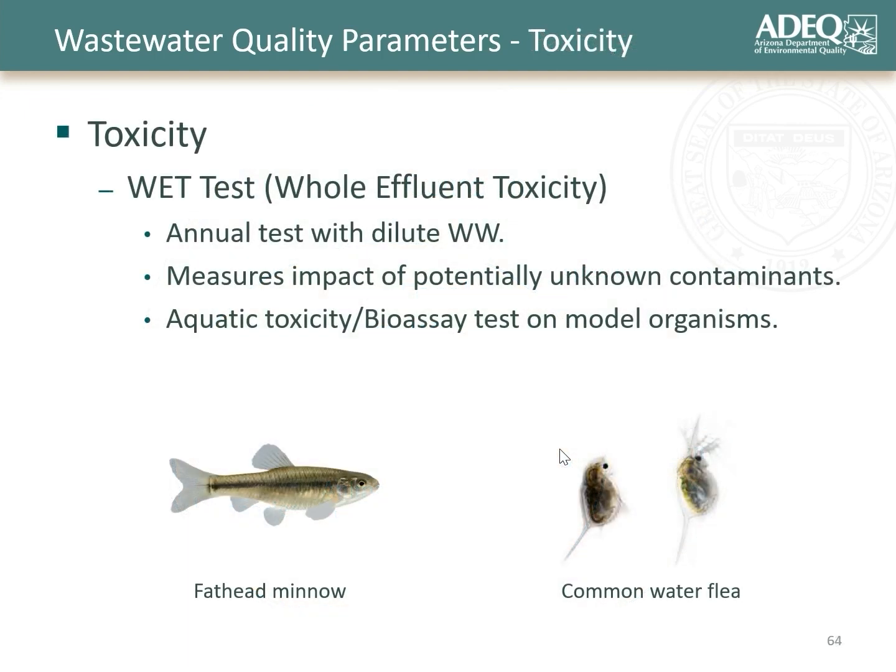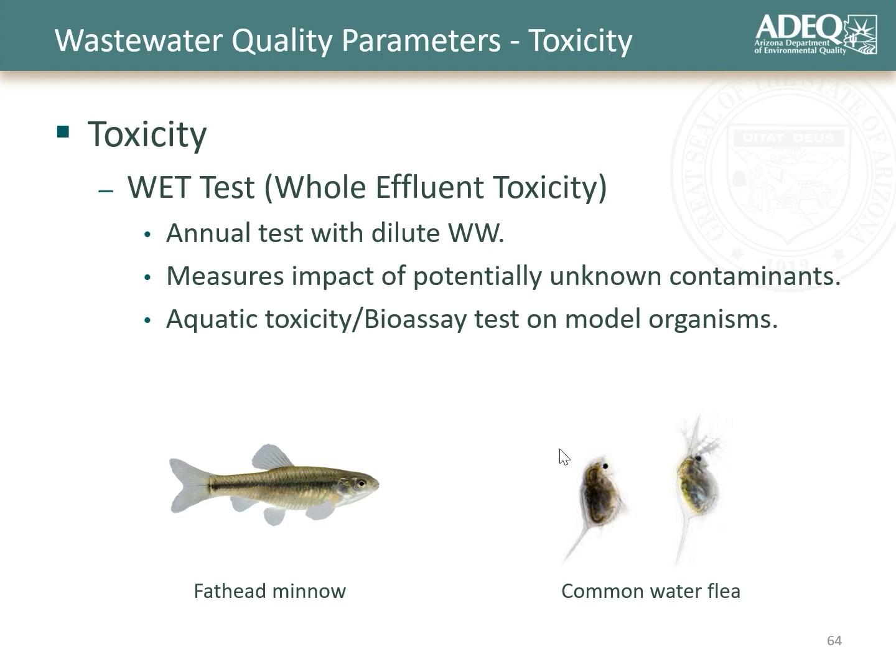Another test that is done, usually annually for wastewater treatment plants, is called the WET test, or whole effluent toxicity test. This typically is an annual test that will take your wastewater and dilute it and then expose certain key indicator organisms like fathead minnows or the common water flea to that and determine if they die. The main reason this test is performed is to identify if there are any toxic compounds in your wastewater that are not captured by the traditional tests.